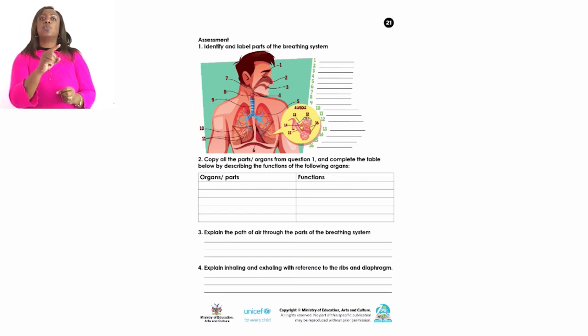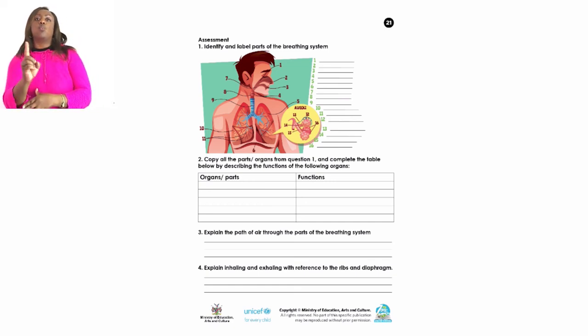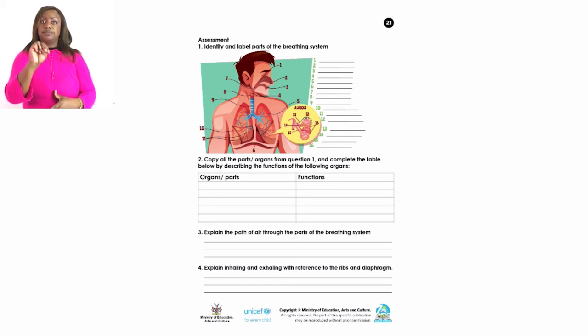Question 2: copy all the parts or organs from question 1 and complete the table below by describing the function of the following organs. Let's not do all of them, but only look at a few. We are only going to look at the nasal cavity, lungs, diaphragm, nose, and the mouth.